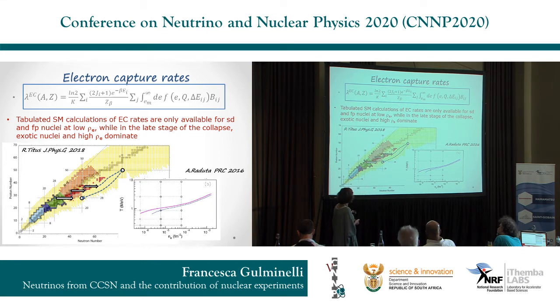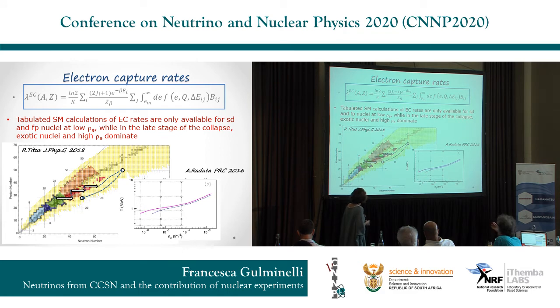And those tables do not cover the whole domain of temperature and densities that is important for the capture. The latest phase here, which is the most dense, is the most important for the electron capture, and one has to extrapolate out of the grid where the calculations are available, which are those points. And moreover, these calculations are only available on a limited set of nuclei where those rates are confronted with experimental data quite precisely, and they're very trustable.